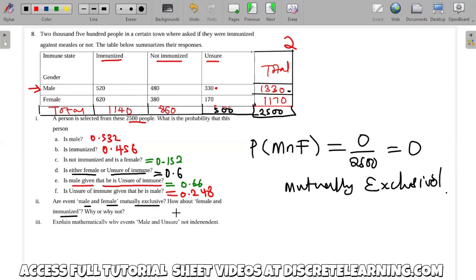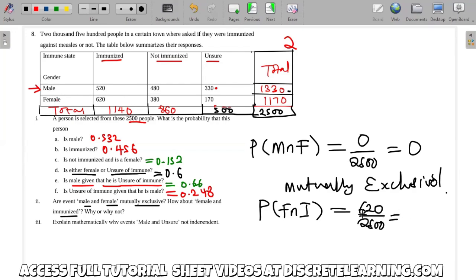Okay, what was the other one? How about female and immunized? If I draw a line in the female and then I draw a line in the immunized, you see that they are going to meet somewhere there. So these ones are going to have an intersection. The probability of female intersection immunized is just going to be, so they intersect here, 620 over 2500.